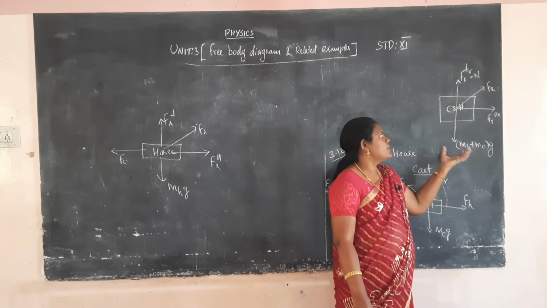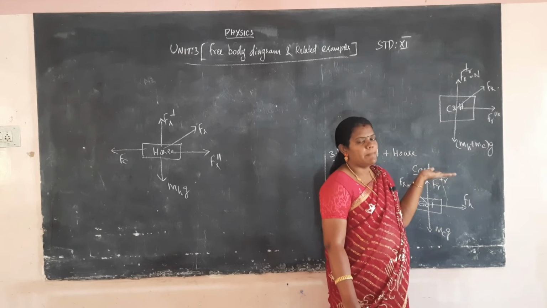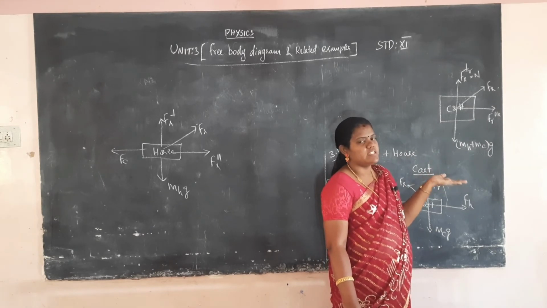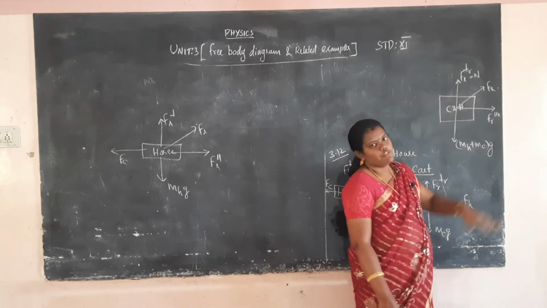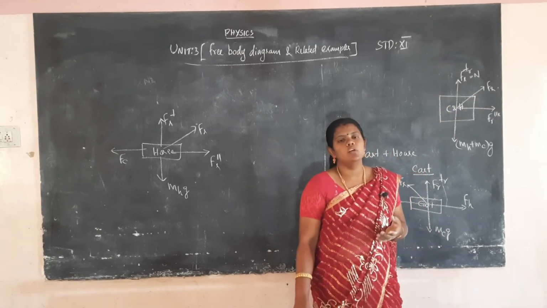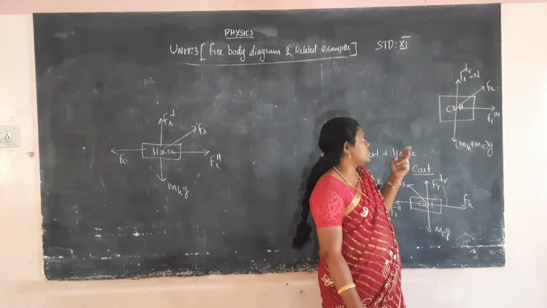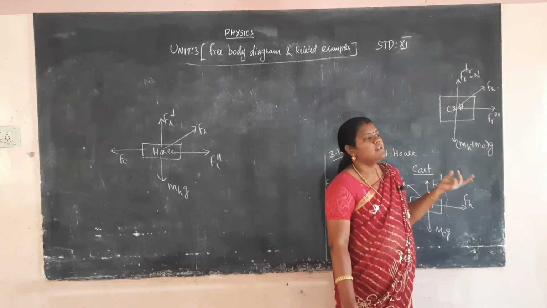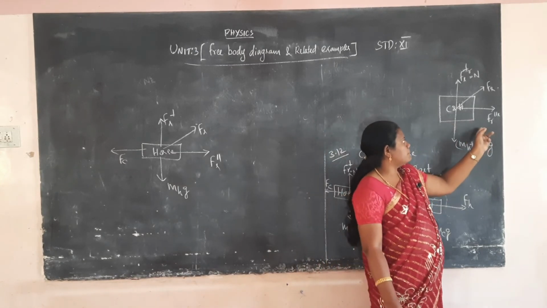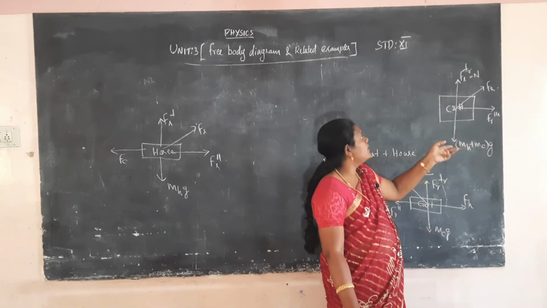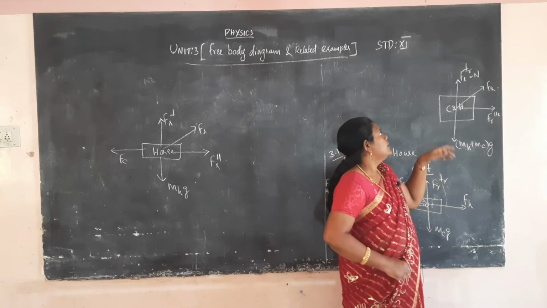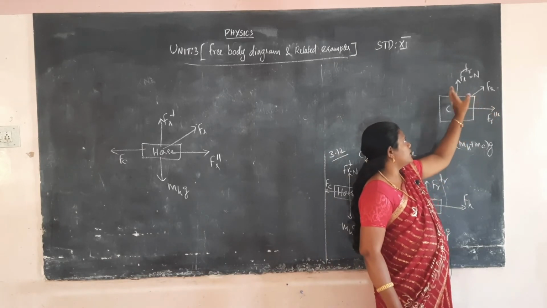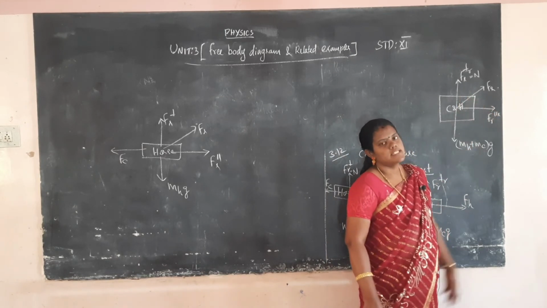And the road will be giving force on the cart and horse, that is Fr, the force exerted by the road. It will be resolved into two components, one parallel and another perpendicular. The parallel one is Fr parallel, and the perpendicular one is the normal force, Fr perpendicular, and the resultant force is in between the parallel and perpendicular components.